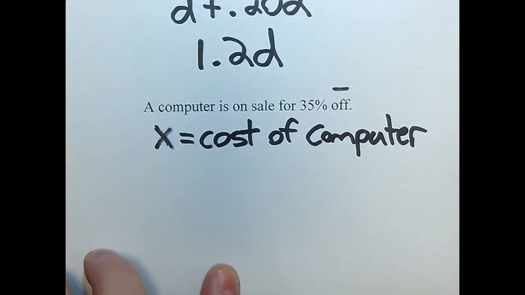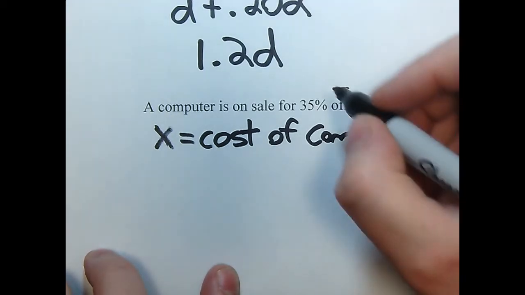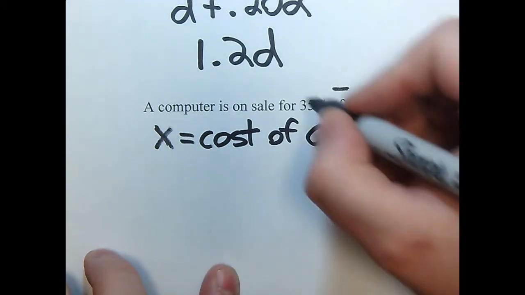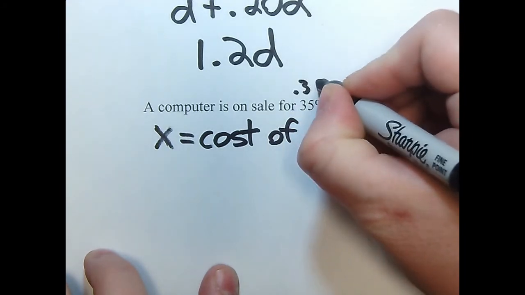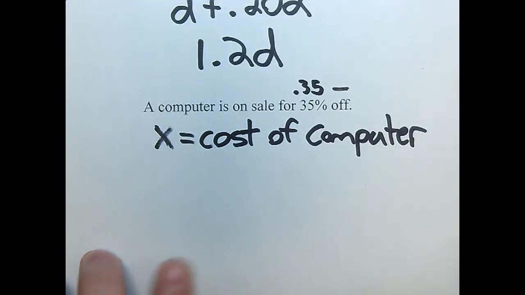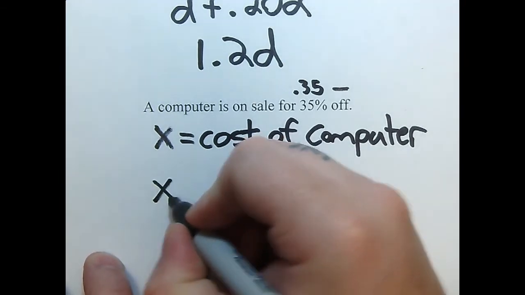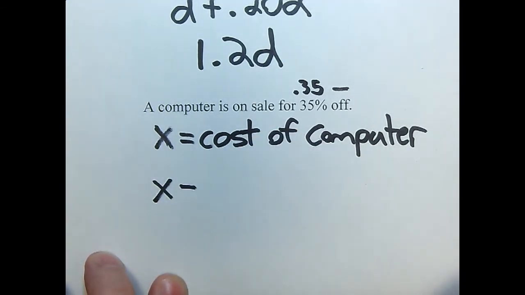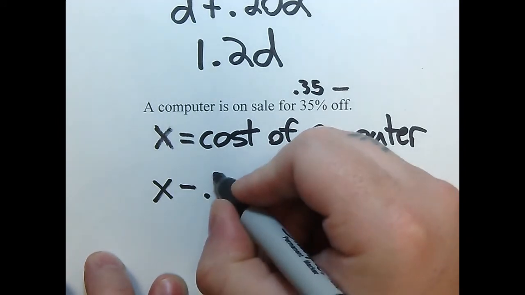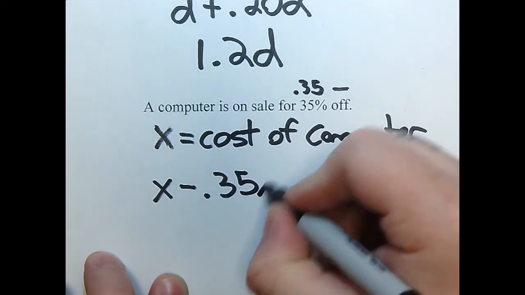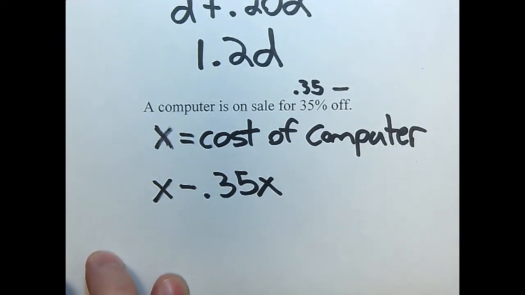So we know off is going to be subtraction, and we know 35% can be written as 0.35. So one way to do this is to know that we can take the original cost and we're going to subtract 35% of the cost, and that's going to equal the cost of the computer on sale.